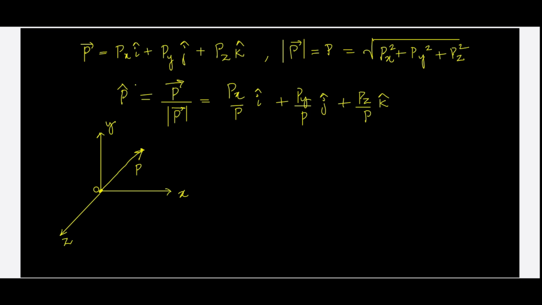So for a 2D or planar vector, it is simply that P makes an angle of 60 degrees with positive x-axis, measured with respect to positive x-axis counterclockwise. That is how we define it. Here it's a 3D vector, so you can use what are called direction cosines.